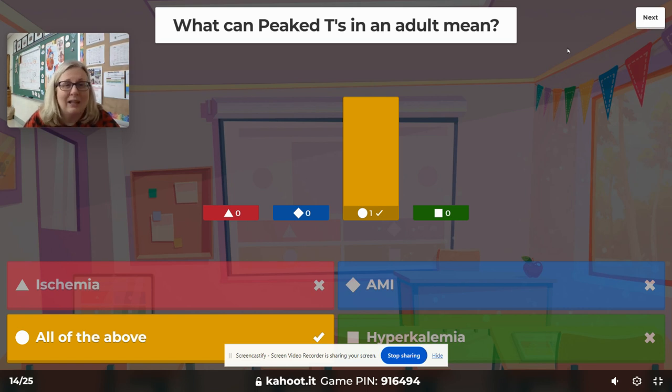We don't know anything about this until we know their age, their symptoms, why we're doing the test, and then we're going to have to pull more tests. We'll pull troponins, we'll pull potassium, and we'll see if we fall in the normal ranges or not. We need to know if they have any history that would cause hyperkalemia, like dialysis or a renal patient, renal failure, that sort of thing.